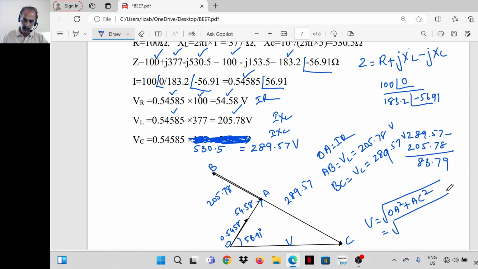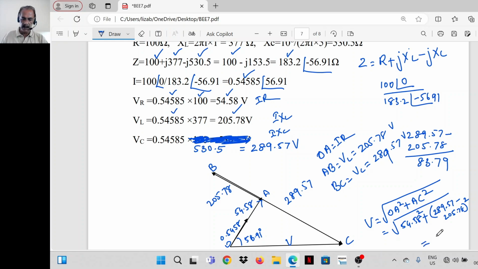So square root of OA, which is 54.58, square, plus AC, which is BC minus AB, that is 289.57 minus 205.78, whole square.